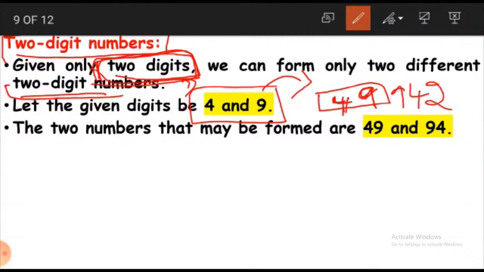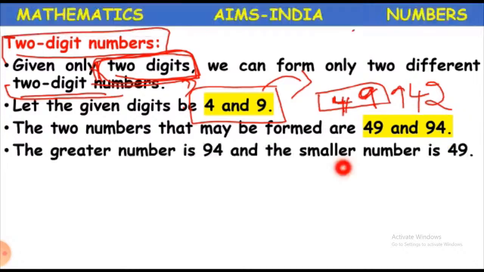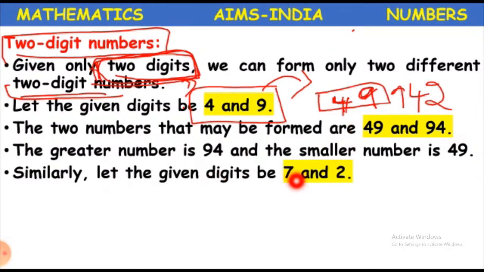Now, among these 2 numbers, which is the greater number? 94. The greater number is 94 and the smaller number is 49. We formed two 2-digit numbers from the digits 4 and 9, right? Now let us take 2 other digits, 7 and 2.